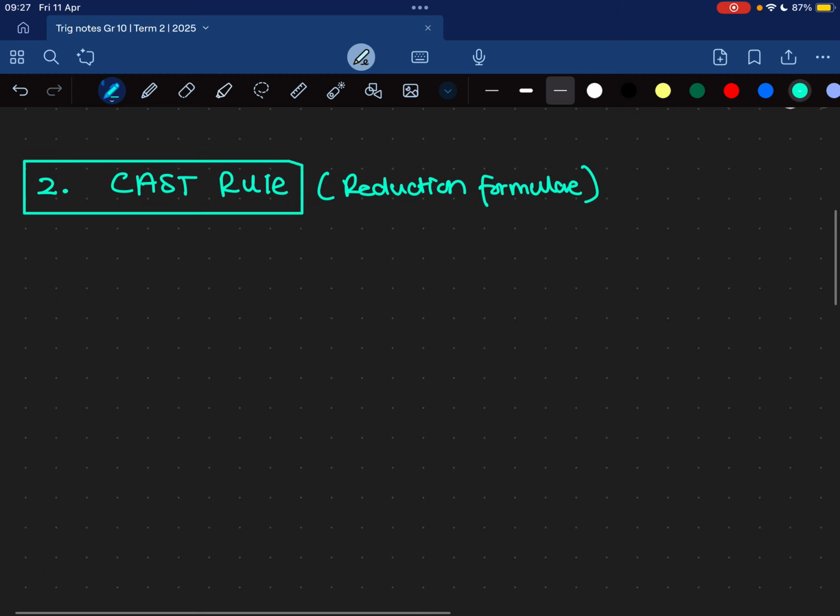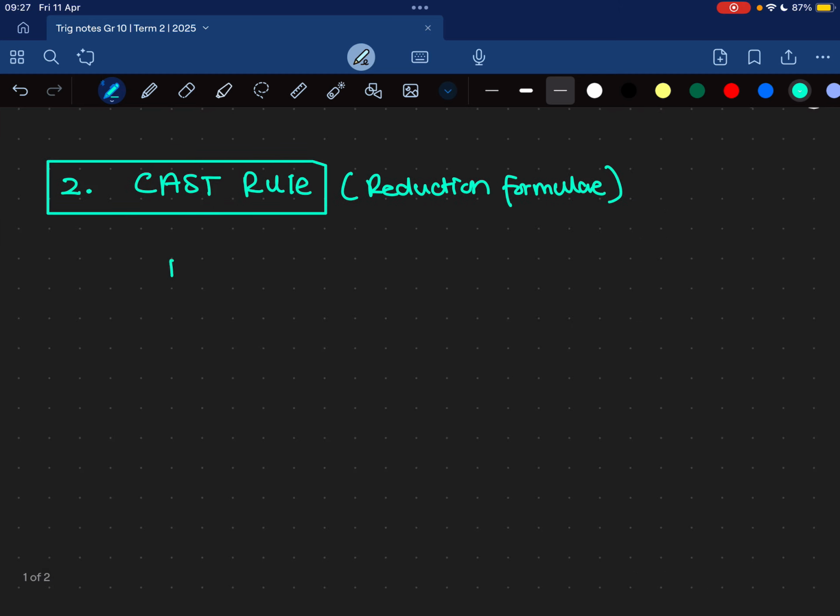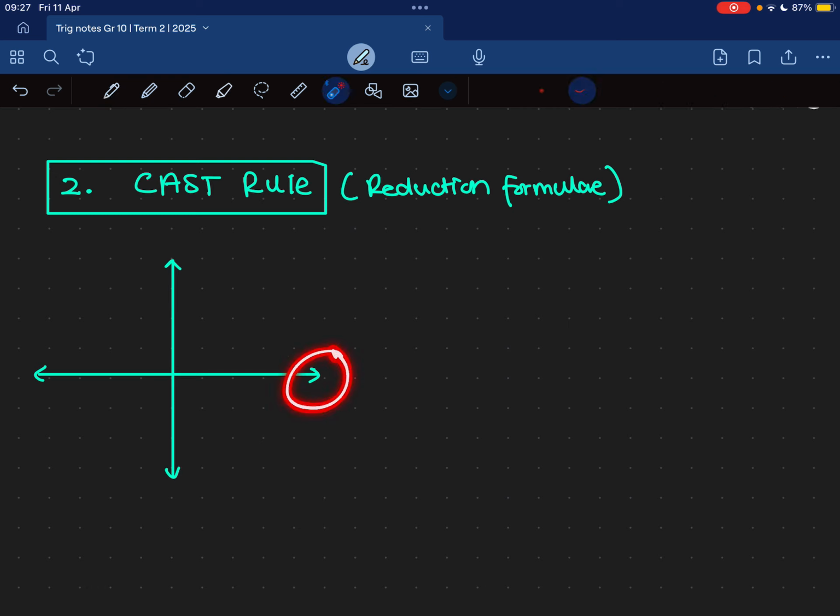So we start off by drawing our Cartesian plane, and we understand that on this right hand side we start with the angle 0 degrees, and when we are measuring angles we measure going counterclockwise.